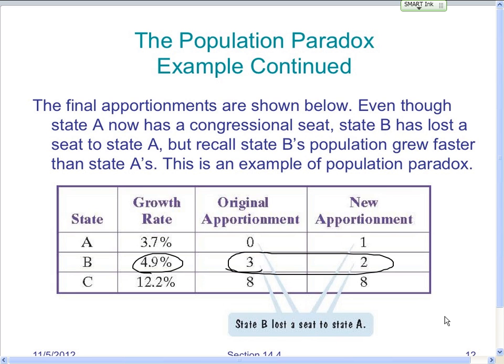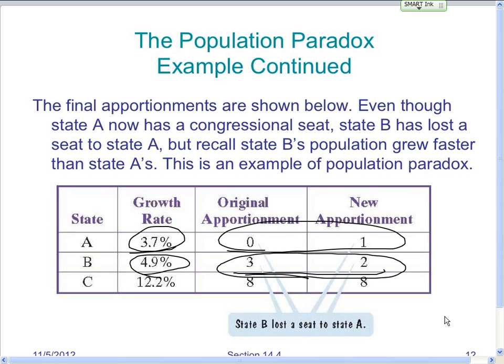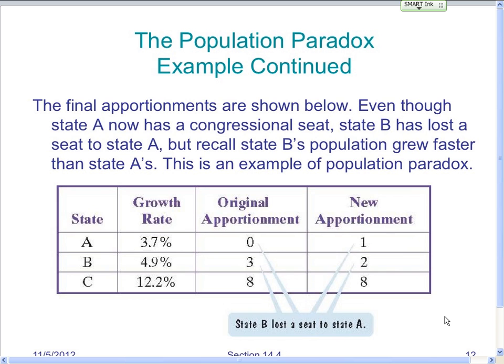But if you take a look at the percent increase, State B actually had the larger percent increase, larger than State A I'm talking about, so they should not have lost a seat where A gained a seat. Population paradox.